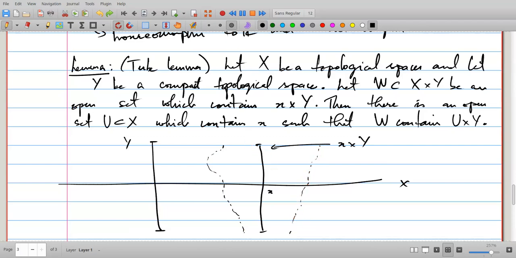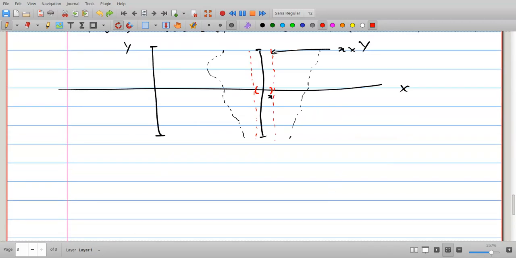So what is being said is that there is an open neighborhood U around x such that this whole U cross Y, this whole tube, is contained inside W. So let us see how to prove this.